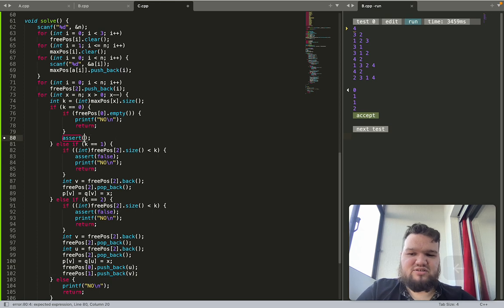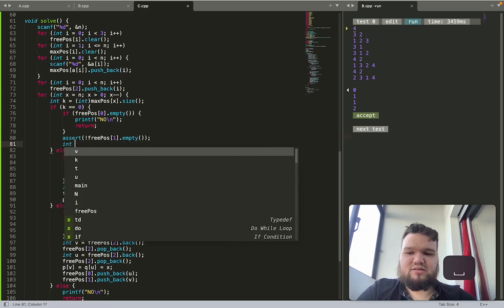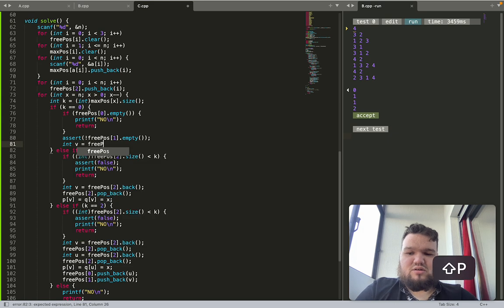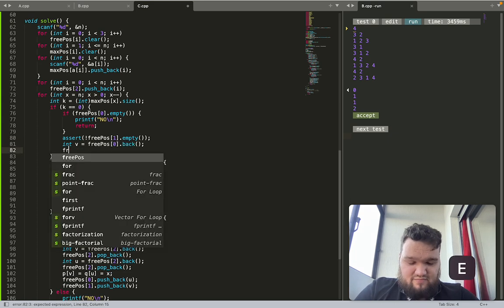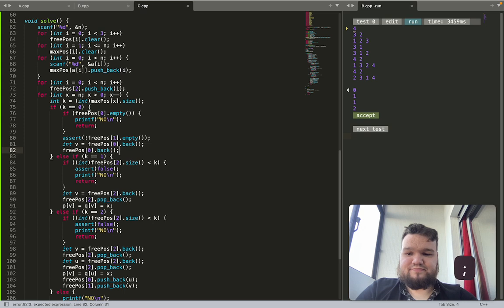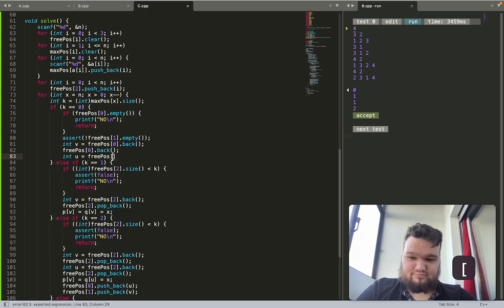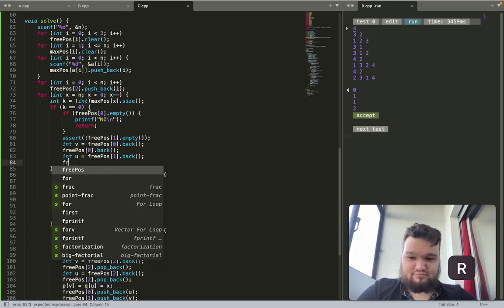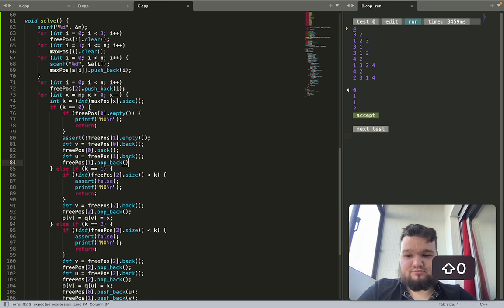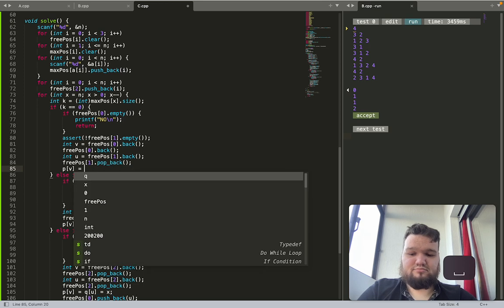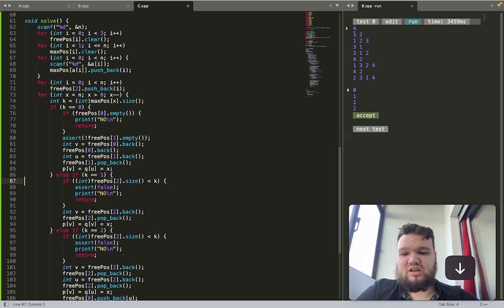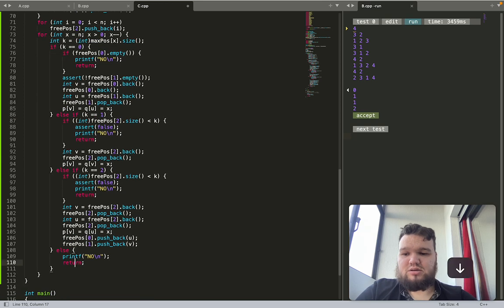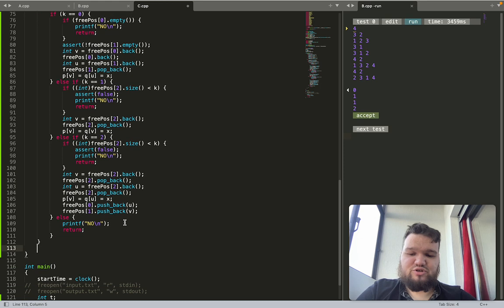So we can say that positions for Q should also be non-empty. And now we take one element from each. And we're done. And after we have done our main cycle, we just print the answer.